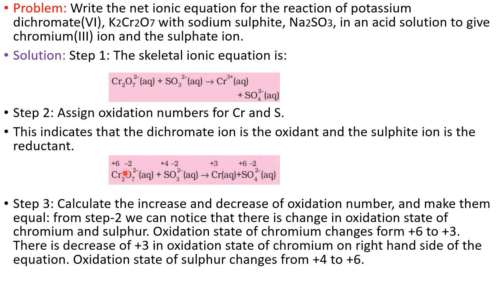What is the ON of Cr? The ON of Cr is plus 6. How is it plus 6? Please refer to previous notes: the sum of the charges equals the charge on the ion. Using that rule, I have calculated the ON of Cr equal to plus 6 and the ON of O equal to minus 2. The ON of S is plus 4.